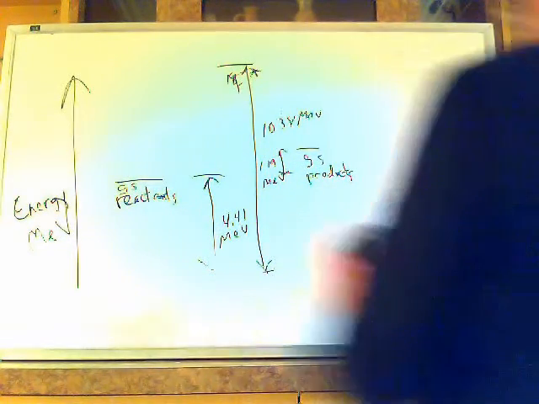We're going to plot the Z number, atomic number, on the abscissa, and on the other axis the effective Coulombic barrier, the effective ECB, in million electron volts.